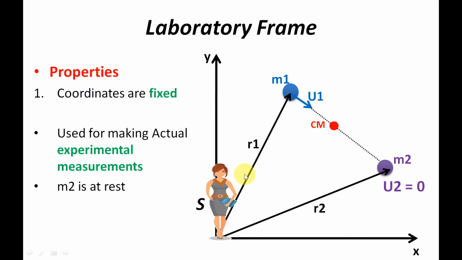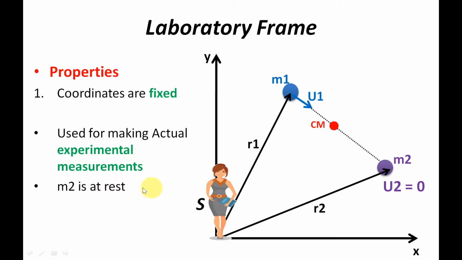Whenever we are standing in a particular position and observing an event, we are the observer. We can call ourselves the observer of a laboratory frame. This perfectly explains why it is used for making day-to-day life experimental measurements.